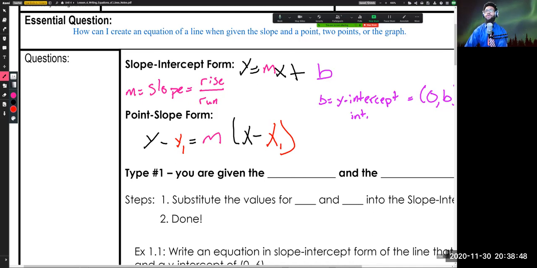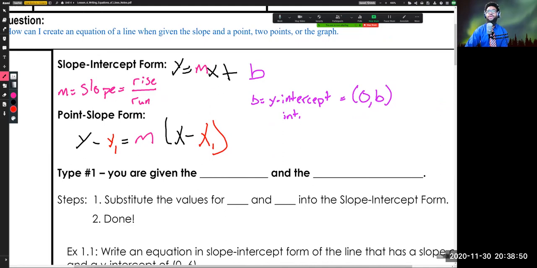Okay. y1 and x1, those are going to be points. It's a set of ordered pairs. That's going to end up being this bit here, (x1, y1). All righty. So we have 4 different cases that we can solve for. We'll start off with the first type.